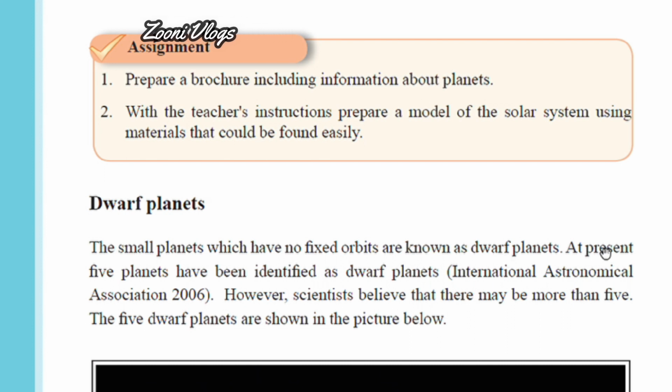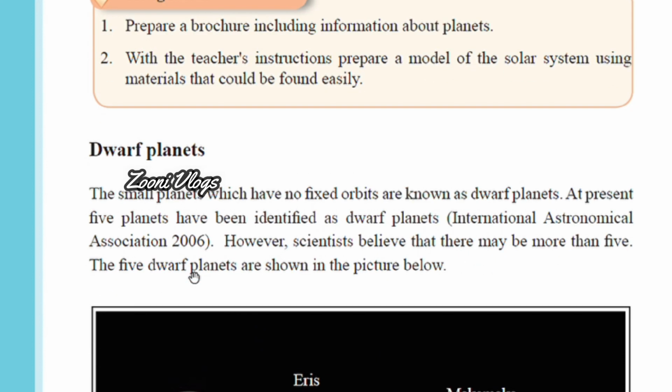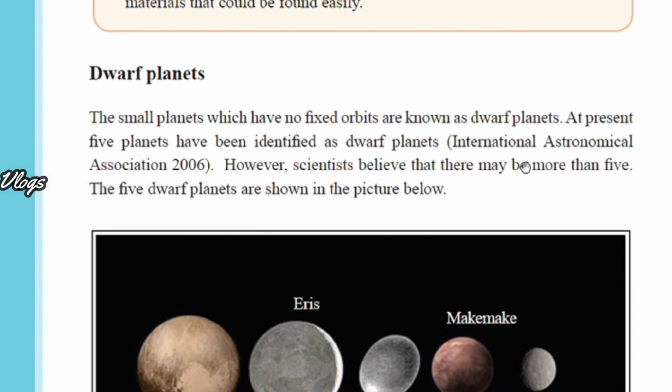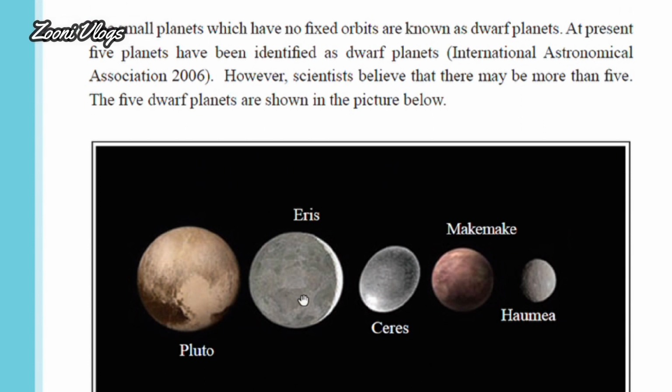At present 5 planets have been identified as dwarf planets by the International Astronomical Union in 2006. However, scientists believe that there may be more than 5. The 5 dwarf planets are shown in the picture below.